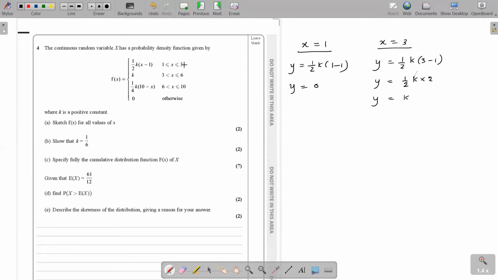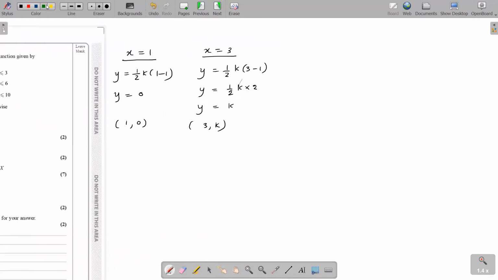Do you see the two coordinates here? For x values between 1 to 3, the starting coordinate is x is 1, y is 0. The ending coordinate is x is 3, y is k. So you can start drawing the sketch in the corner and keep continuing it. Starting x value 1, ending x value 3.